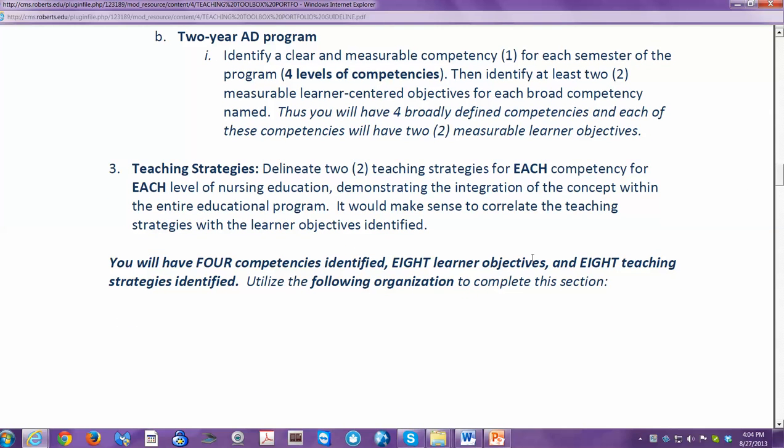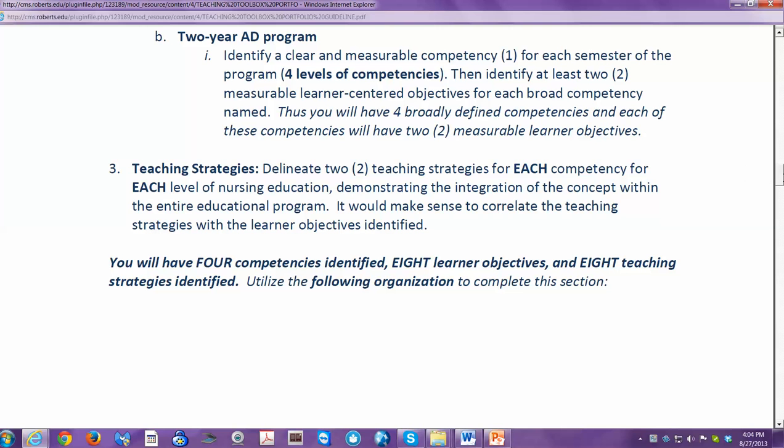Then you would have 2 teaching strategies for each competency for each level of nursing education that you identified. This would help you to demonstrate that the concept was being integrated within the entire program. Obviously, if you measure the 2 measurable learner objectives, it would make sense that your teaching strategies would correlate with those learner objectives.